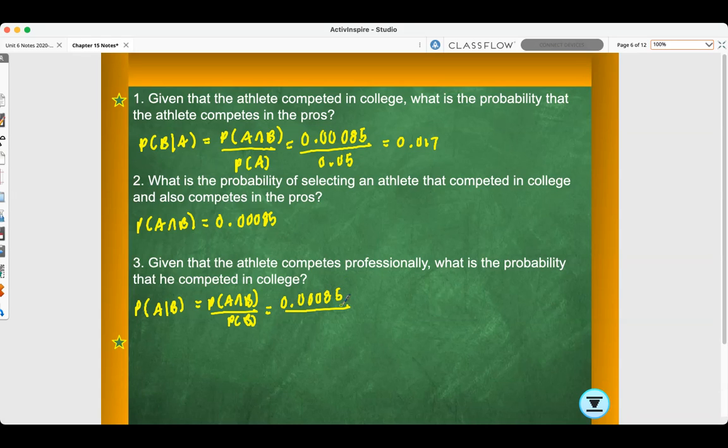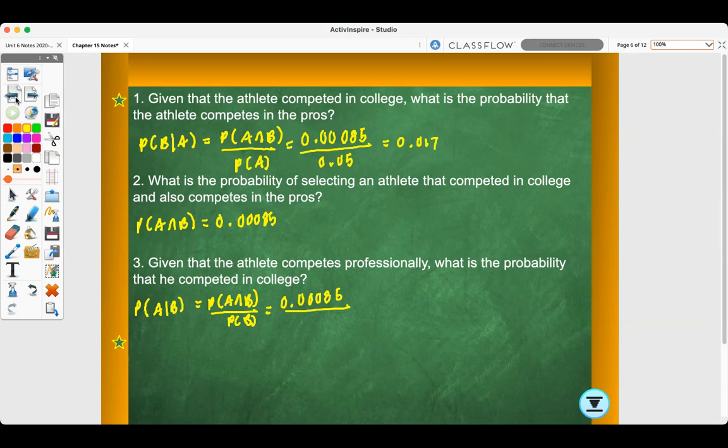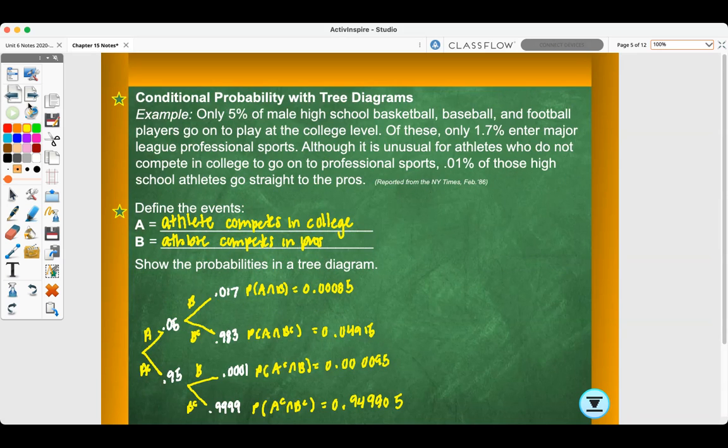And the probability of B would be, if we look back here, given that he competed in college, here, they competed in pros, it would be our 0.00085.